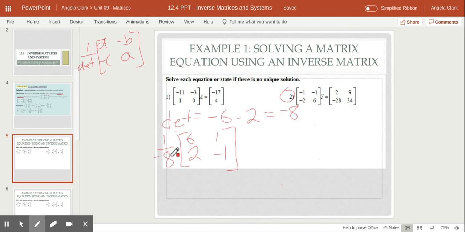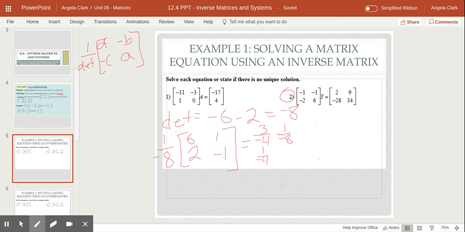No, I have to distribute the negative 8. Not quite done. I distribute the negative 8. So I have negative 8, 6 times 1 over negative 8 is 3 over negative 4. 1 times 1 over negative 8 is 1 over negative 8. 2 times 1 over negative 8 is 1 over negative 4.